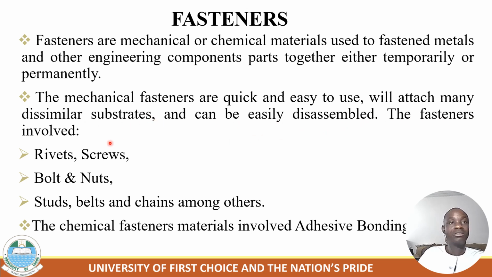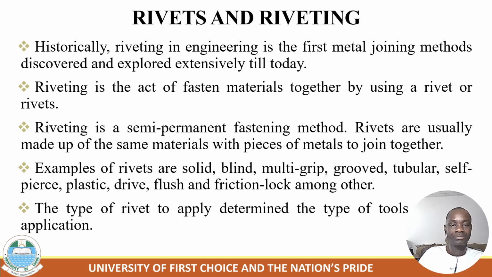The fasteners involve rivet, screw, bolt and nut, stud, belt, and chain, among others, whereas the chemical fastener involves adhesive bonding. Only adhesive bonding is a chemical fastener, whereas rivet, screw, bolt and nut, stud, belt, and chain are mechanical fasteners. Fasteners are of two types: mechanical fasteners and chemical fasteners.